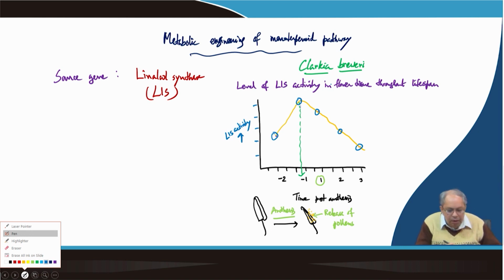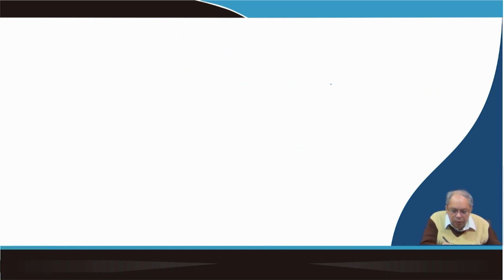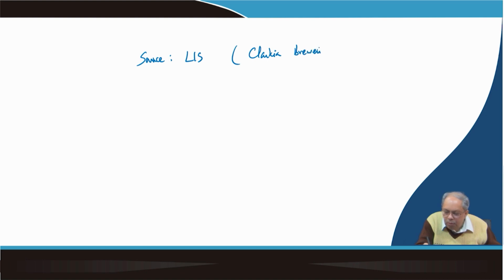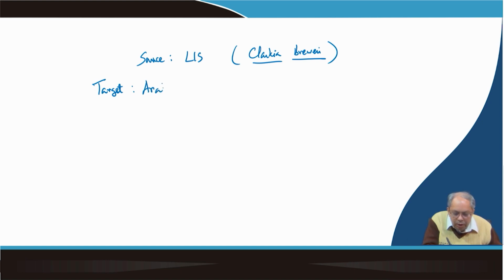So, if you go to the next slide, the source is LIS from Clarkia breweri, and the target plant they have chosen is Arabidopsis thaliana.